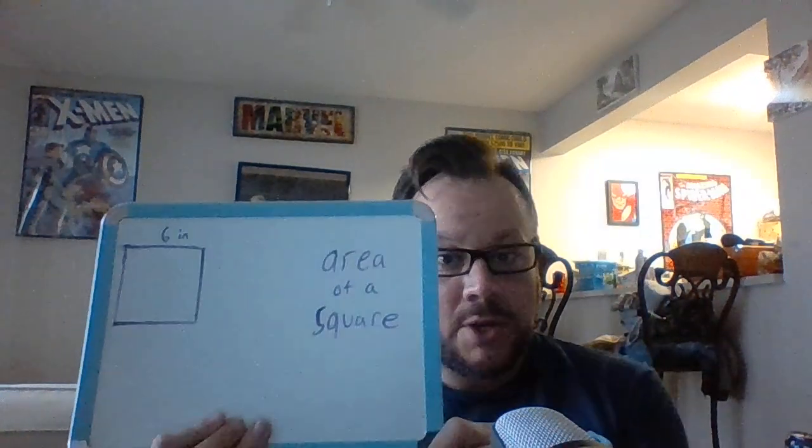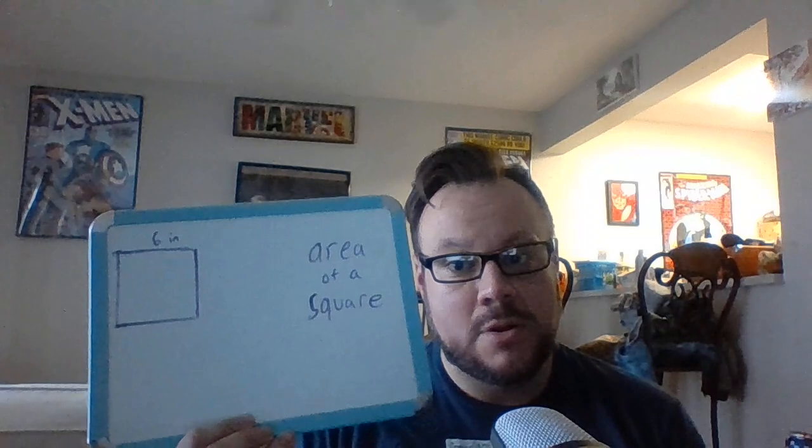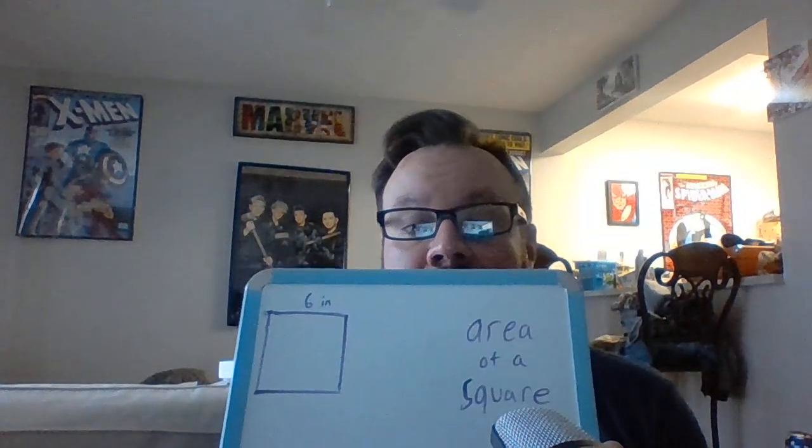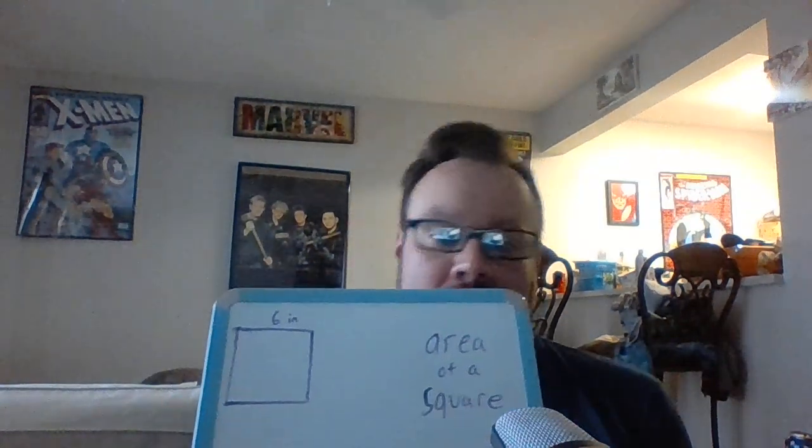All right? So area of a square. We go the length, how long is it, times the width or height. You could say height too for this. So square, right? All sides are the same. So all we have to do is, we know this top part is 6 inches, right?